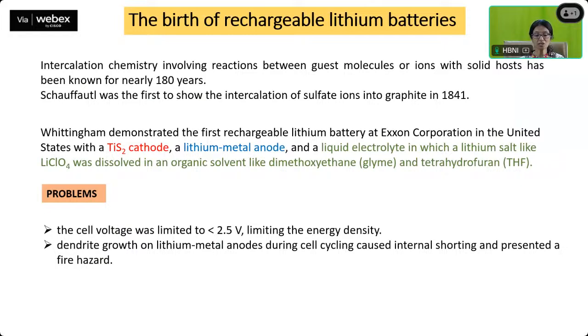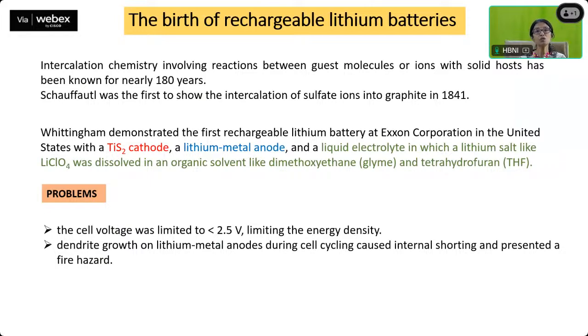That is the reason why the cyclability of the lithium batteries was very poor. To take care of that, it was a Japanese professor who decided that instead of lithium, why don't we use graphite? Graphite has intercalation capability, and lithium can intercalate into graphite. That was the biggest turning point, which led to the birth of rechargeable lithium-ion batteries.